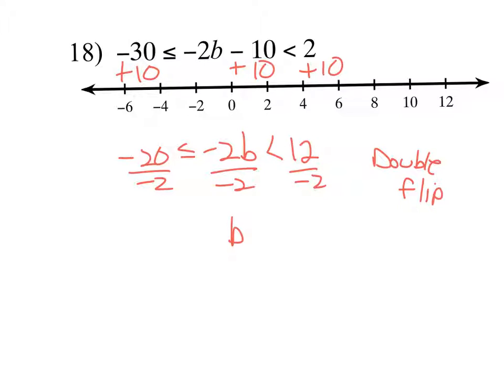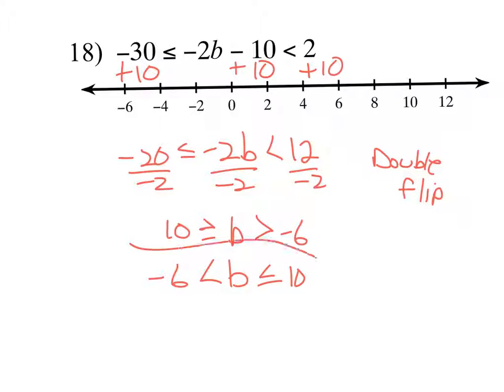So b, instead of being greater than or equal to, is going to be less than or equal to 10 and greater than negative 6. But usually that's written as greater than negative 6 and less than or equal to 10. In other words, it's between negative 6 and 10. It can equal 10, but it cannot equal negative 6. It can equal 10, and it's all those values in between.